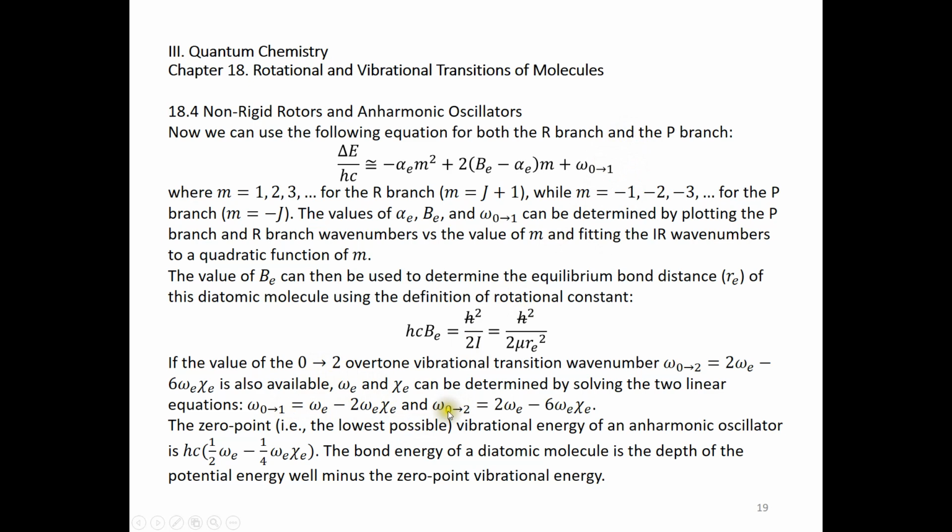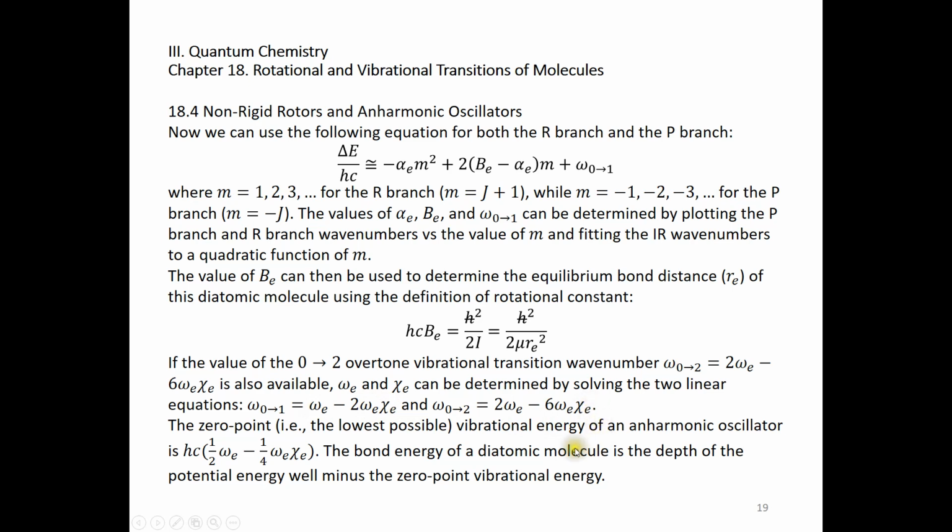And if we obtain a value from 0 to 2, we simply have two linear equations that contain two variables. One variable is omega e. The other variable, you may consider to be omega e chi e.